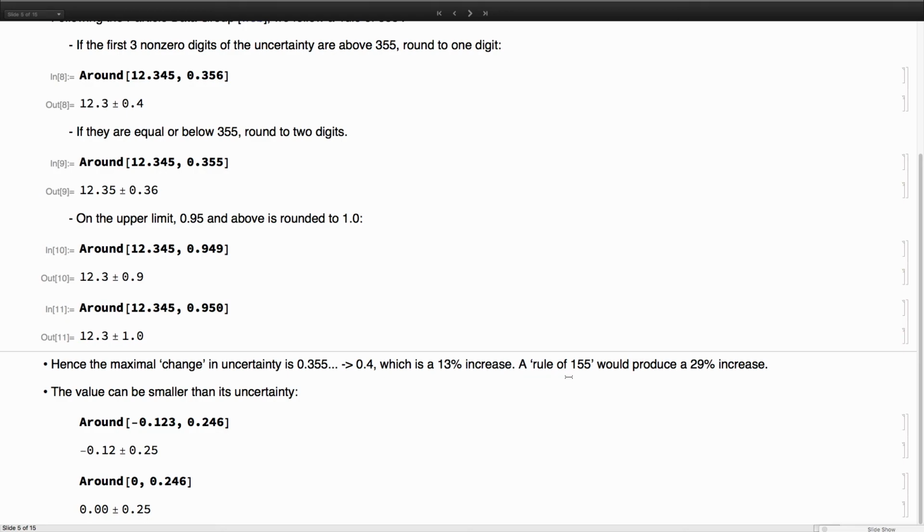If we chose, for example, a rule of 155, which is also chosen in some references, that would be a 29% increase in the uncertainty, and that's considered too much. The value can be negative, can be as small as we want, even 0, and we always keep the same rules. If this is 25, then it will have 2 digits, and therefore the value needs to have the same number of digits to the right of the decimal point.